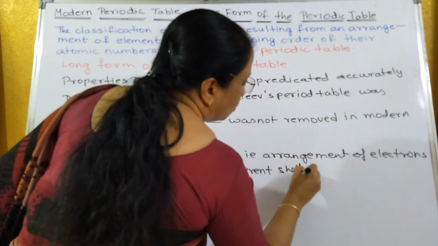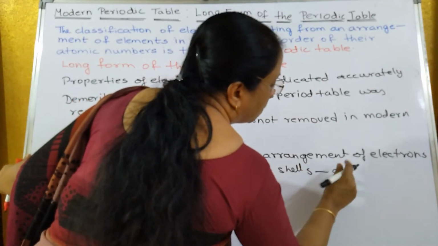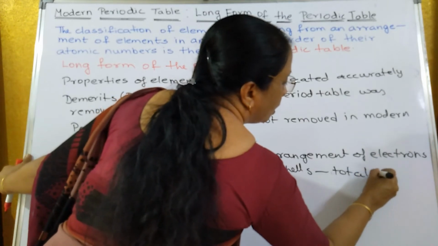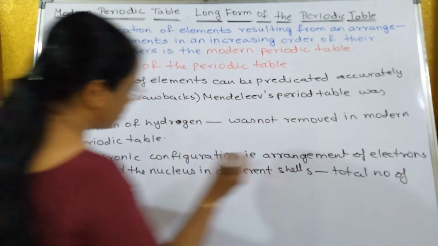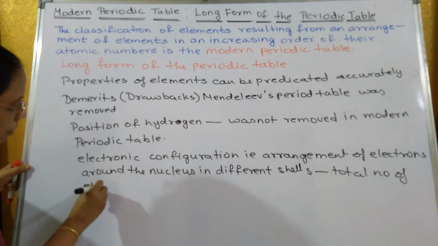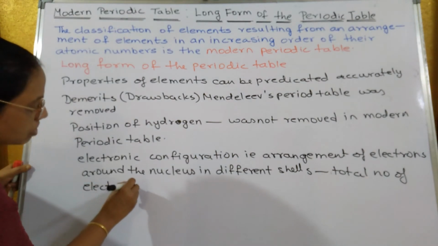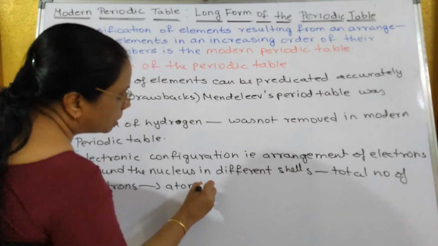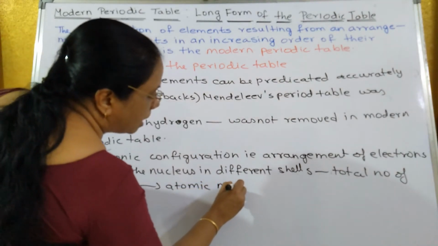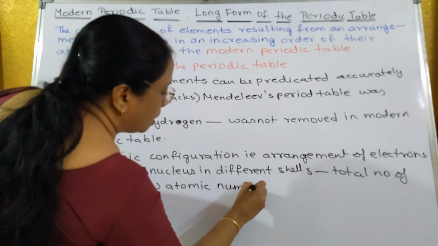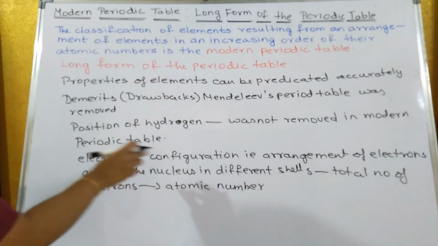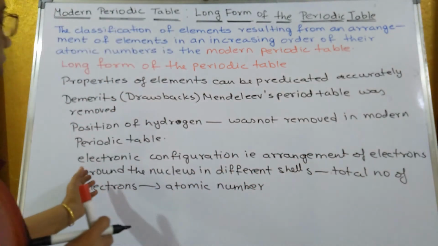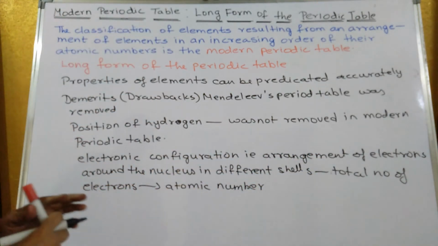It depends upon what? Depends upon the total number of electrons. And what is total number of electrons? The total number of electrons is nothing but atomic number. So atomic number is the number of electrons, and depending upon the number of electrons, the electronic configuration is done. What is electronic configuration? Arrangement of electrons around the nucleus in different shells.